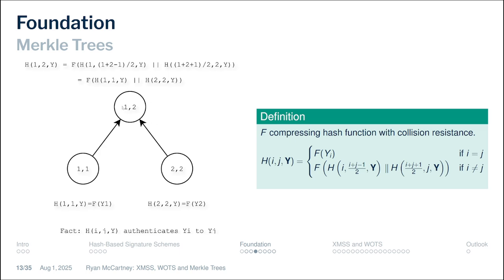And if we can successfully recompute the root node with this information, we can be sure that y1 was also authentically in this set of things that A wanted to authenticate, and no other X that is coming from the outside.